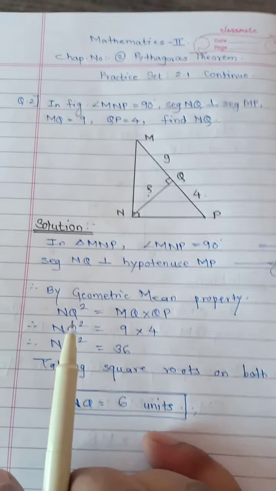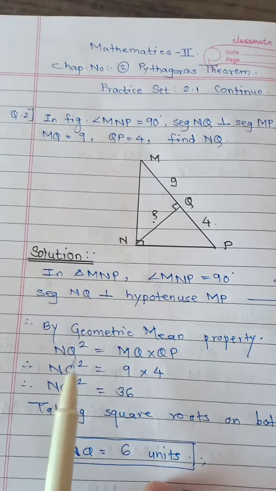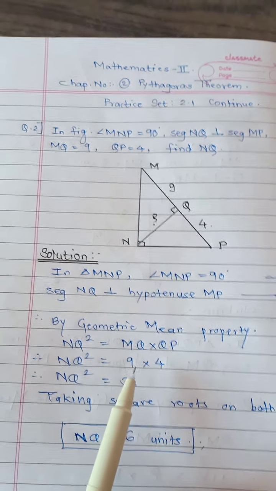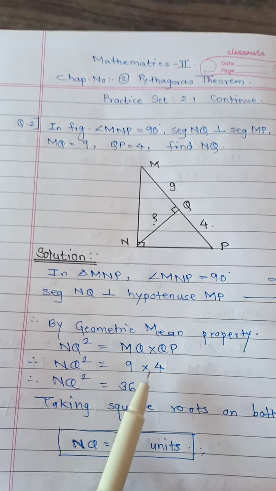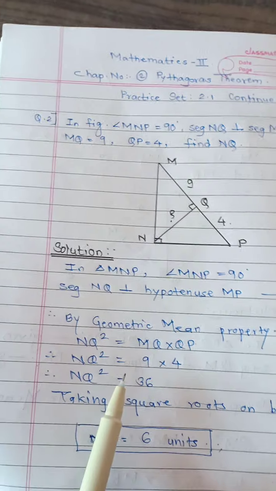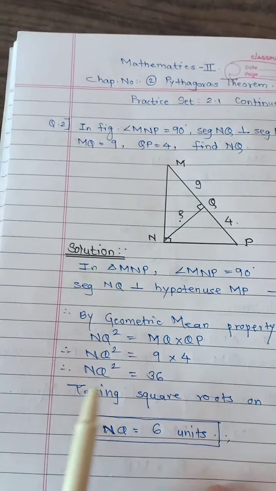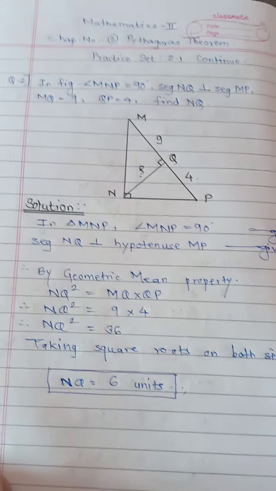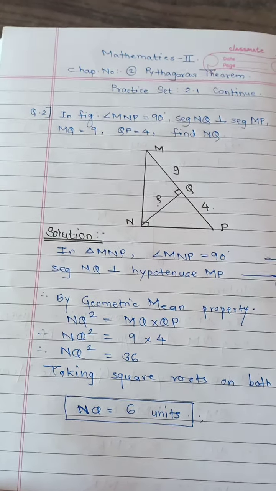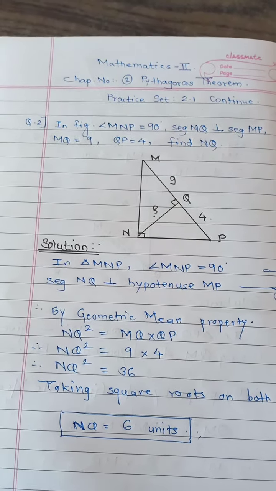So we can write the formula NQ square equals MQ into QP. Substituting the values of MQ and QP, that is 9 into 4, we get NQ square equals 36. Now taking square roots on both sides, we get the value of NQ as 6 units. Therefore, the value of NQ is 6 units.